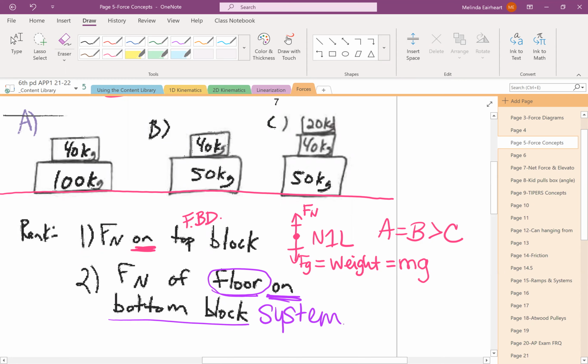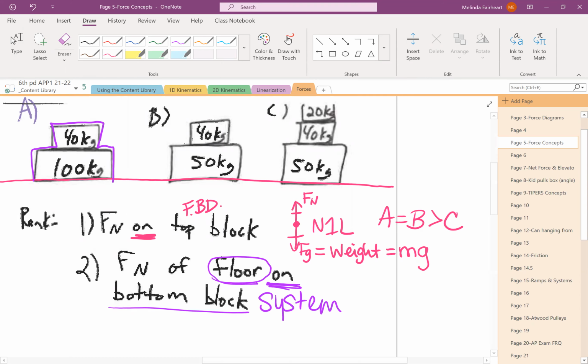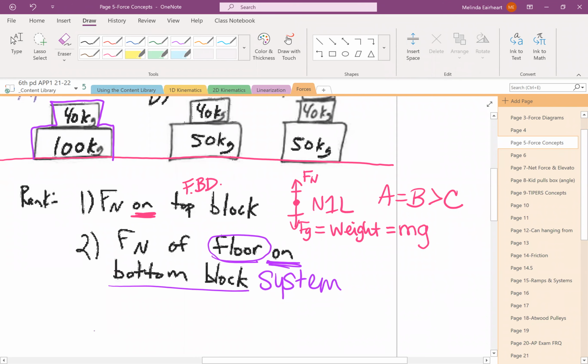Isn't the floor supporting the whole stack of books? A whole stack. The floor is supporting everything. And so if you look at it as a system, then if you want to kind of redraw at least A, don't look at it as 2 books that are 40 and 100. Look at it as one collective, as 140 kilograms.